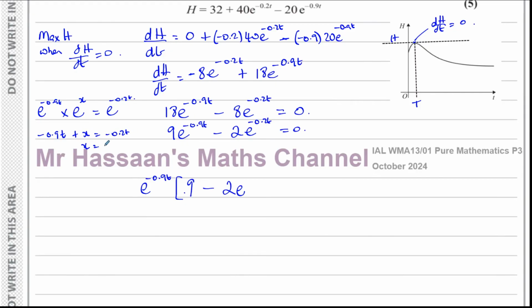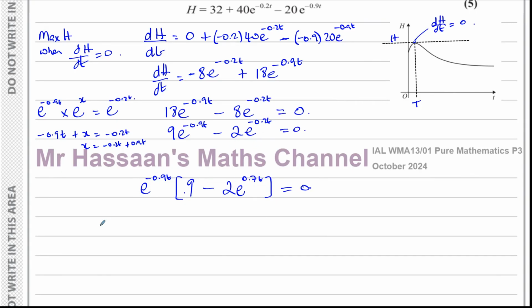So x is going to be negative 0.2t plus 0.9t, which is 0.7t. So here I have to have 0.7t. When I multiply this by this, I end up with 2 times e to the power of negative 0.2t, which is what I want. So I've now factorized this expression.